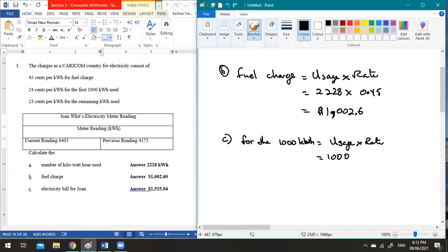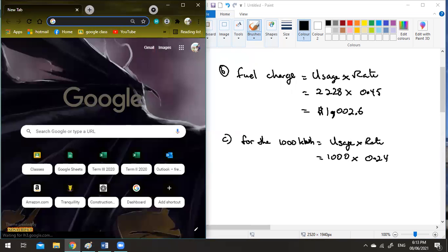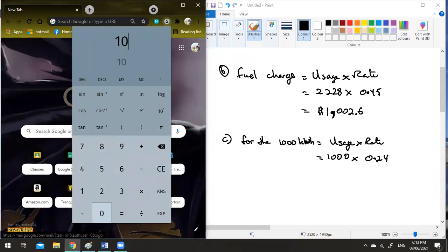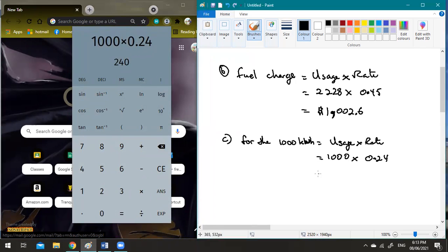And since we use more than 1,000, it will be a full 1,000 multiplied by the rate, which was 24 cents. So 1,000 multiplied by 0.24, $240.